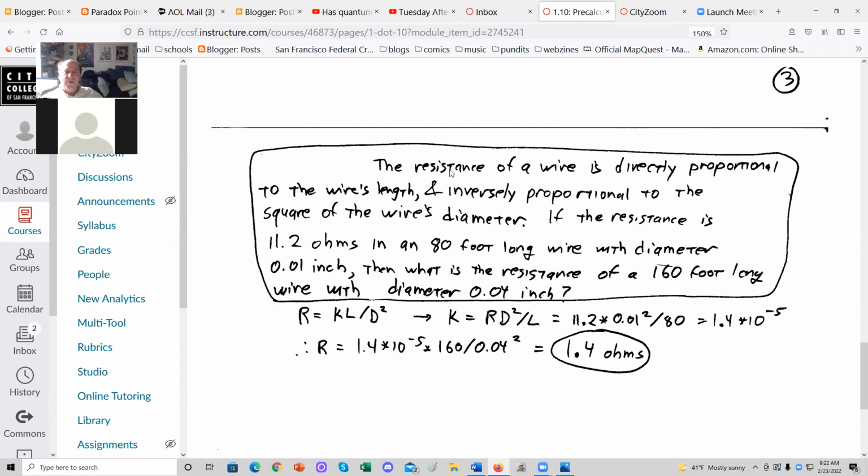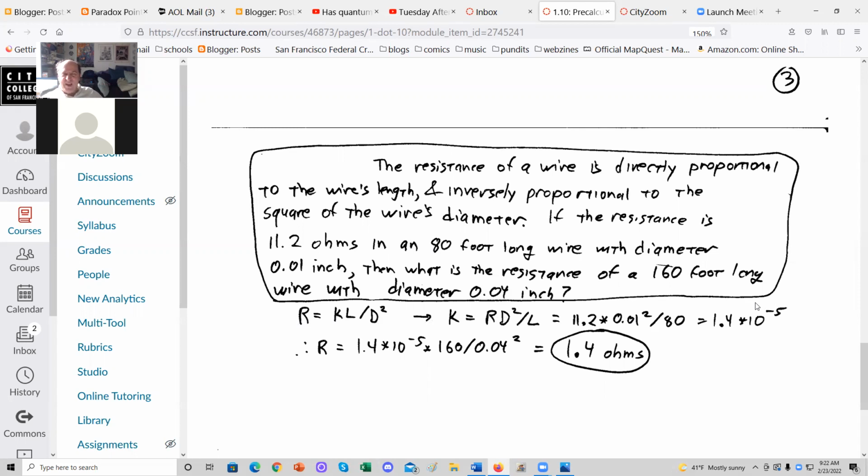All right, now, resistance is directly proportional to length and inversely proportional to the square of the wire's diameter. So resistance R equals constant K times length L divided by diameter squared. All right, then to find K, we transpose the D squared and the L. So K equals R D squared over L. Plug in the numbers given here, 11.2 ohms, 80 feet, 0.01 inches, and you get 0.14 times 10 to the negative fifth.